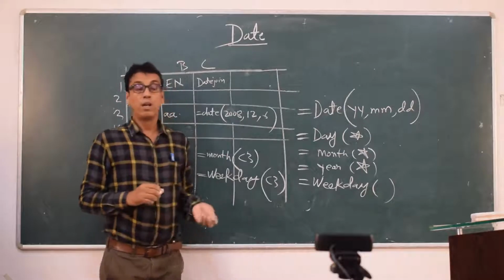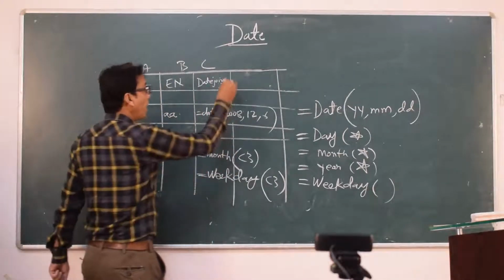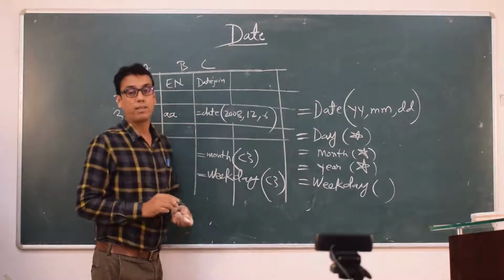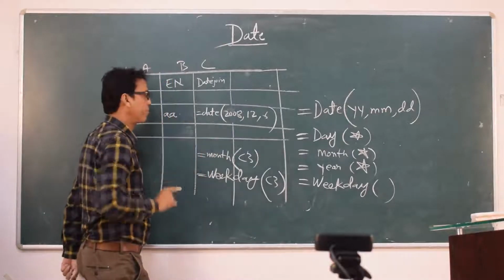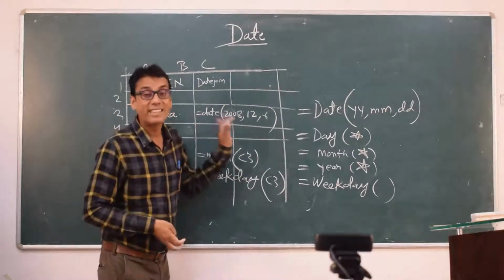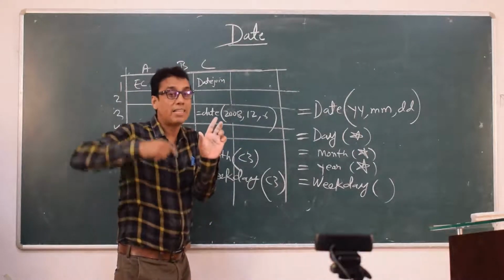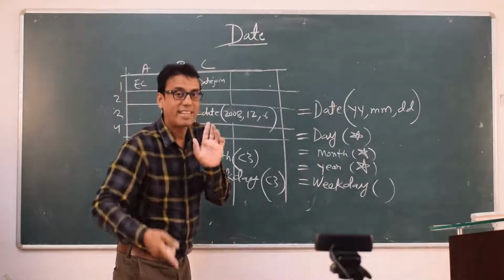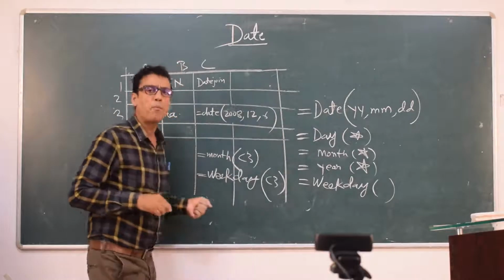Okay. Now, when you enter a date in any particular cell, a problem you may face. I'm just telling you what the problem is. You just delete the data now. You have deleted the data, but the cell has been formatted as date. That is not visible to you. Now what problem will you face?